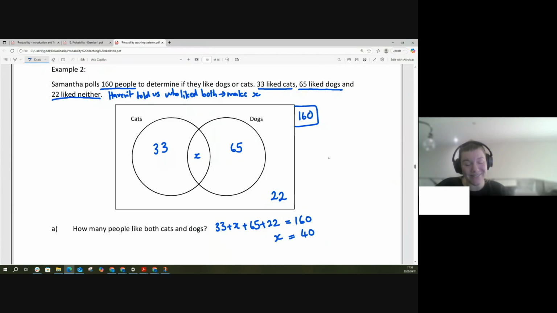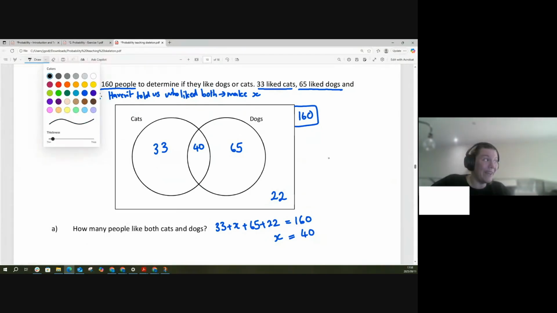I know. Because they didn't tell us. I know it was a horrible question. In fairness, I actually think it should have said 33 people liked cats only and 65 liked dogs only. That feels far more fair.